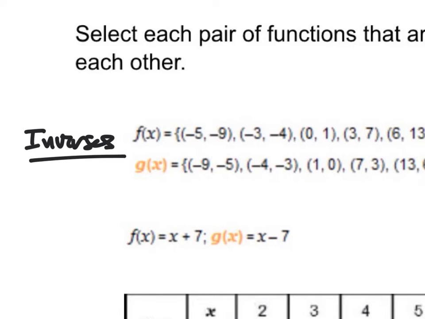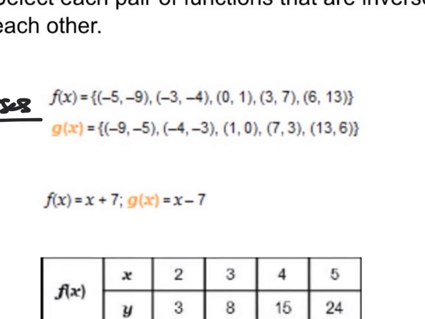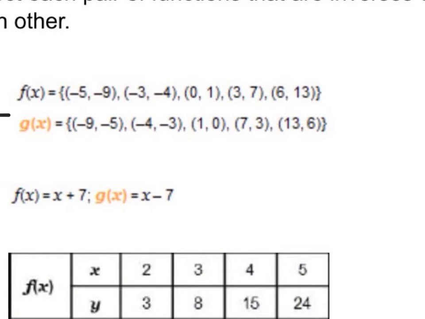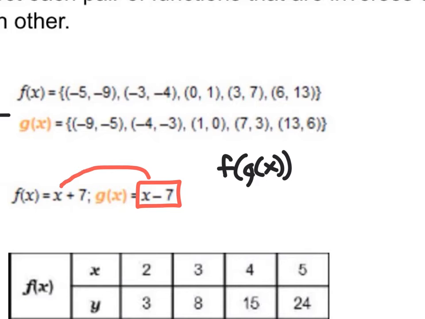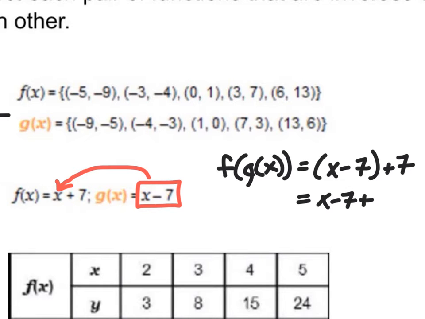Then here, you have f of x equal to x plus 7 and g of x equal to x minus 7. The way to figure this out is to do the composite function, f of g of x. I take x minus 7 and plug that into the x of my other equation, so I get the quantity x minus 7, then plus 7.